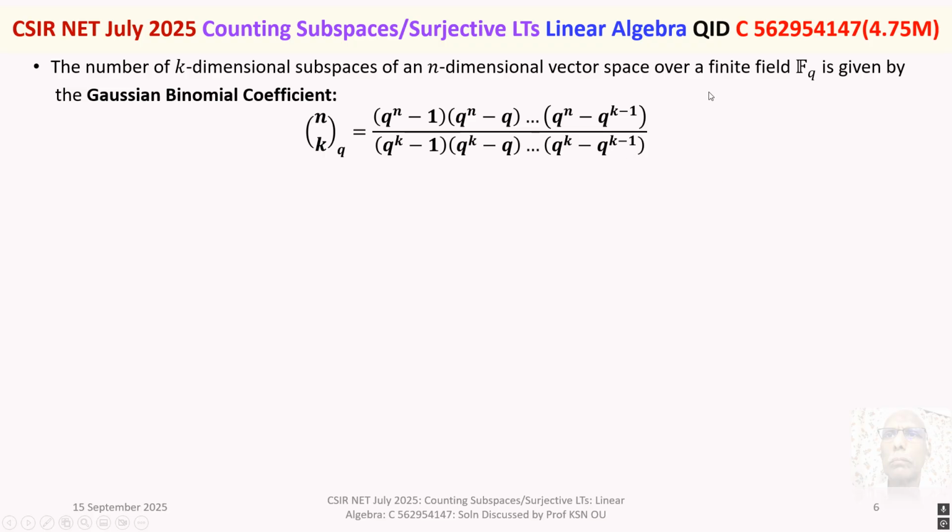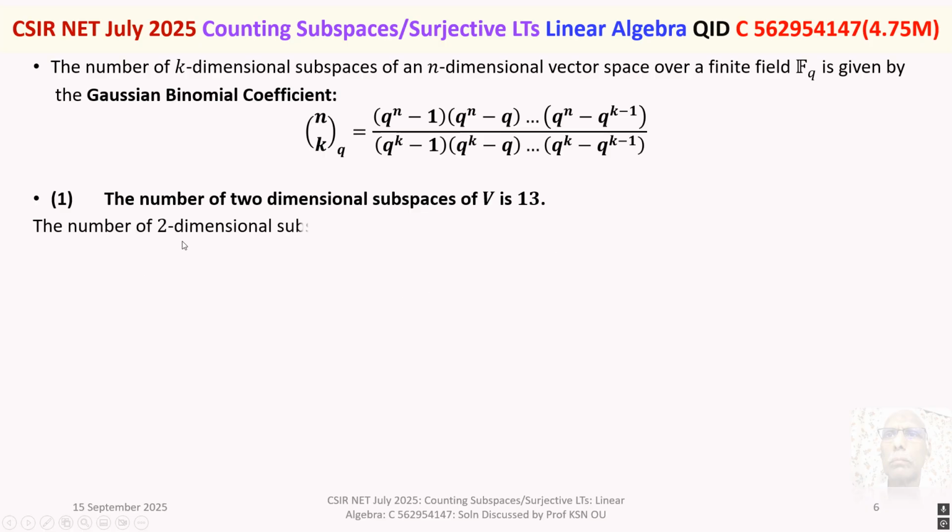So in our case, we have to find out two-dimensional subspaces of V. The dimension of V is 3, that means k is 2, n is 3, q is 3. Now we go to option 1. The number of two-dimensional subspaces of V is 13.